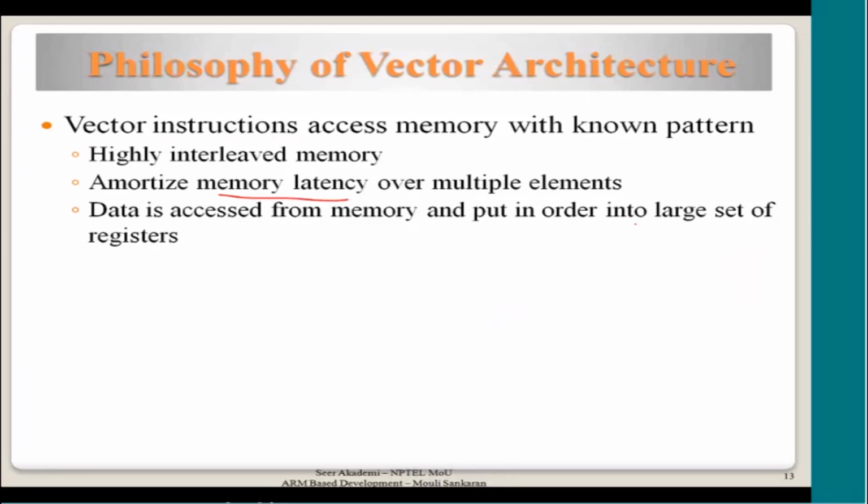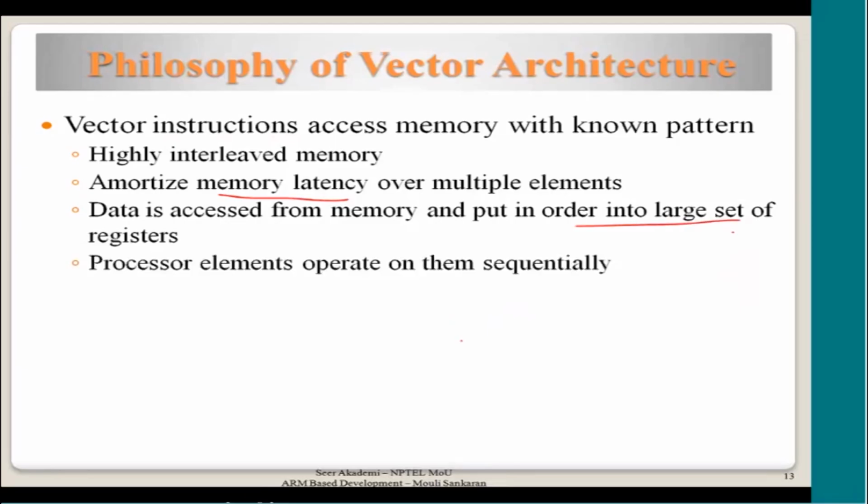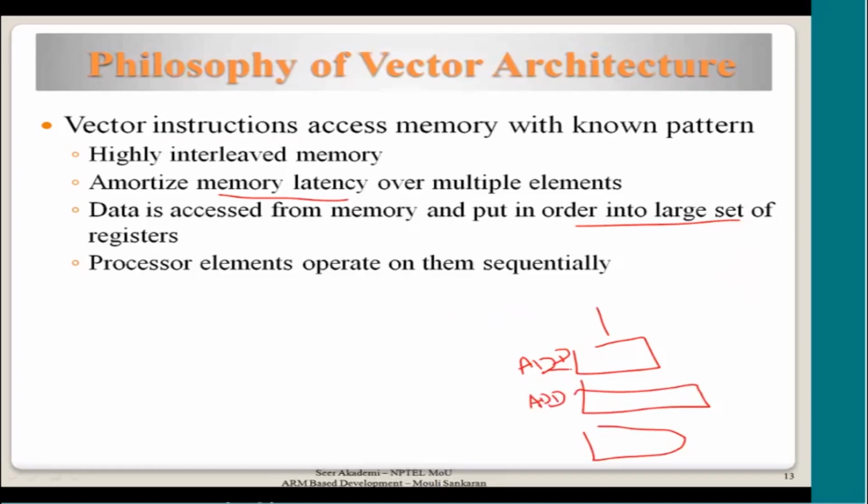Data is accessed from memory and put in order into a large set of registers. One more thing we need to remember is that the ALU may have multiple add units, multiple arithmetic units. But if they need to get 2 parameters each, then we need that many registers.